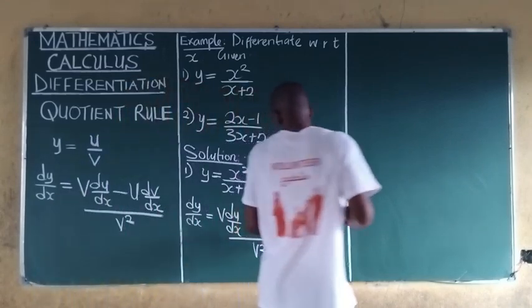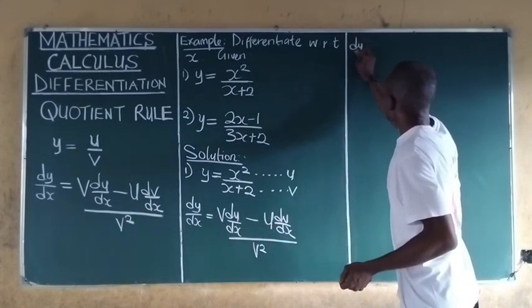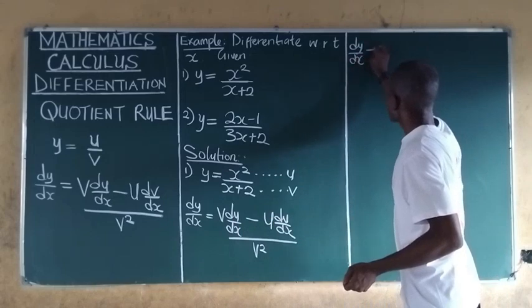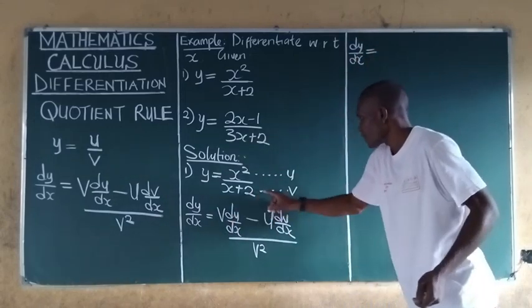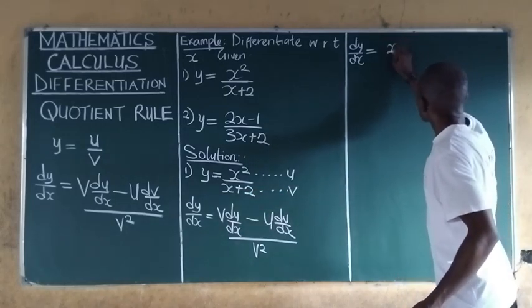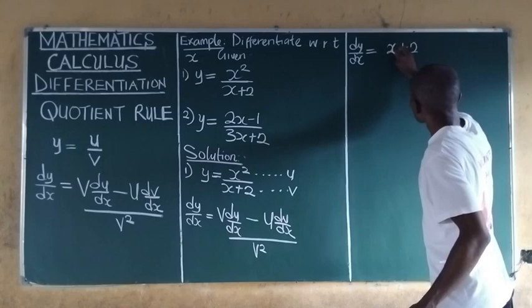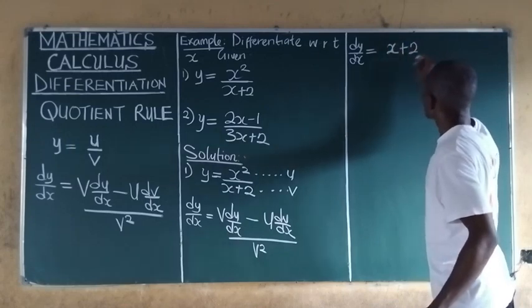So we just substitute. This is our v. dy over dx is equal to our v, x plus 2.